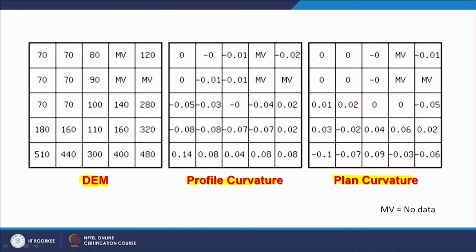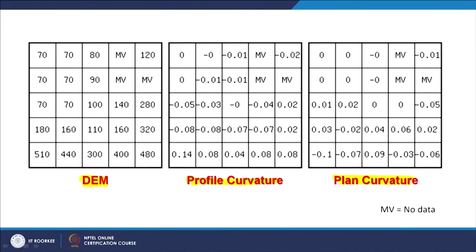Now let us take examples at the value level, that is the cell value level. So this is our digital elevation model. This is the profile curvature output. Using that same digital elevation model, this is the plan curvature, and you can see that things are varying, and NB basically stands for no data here.